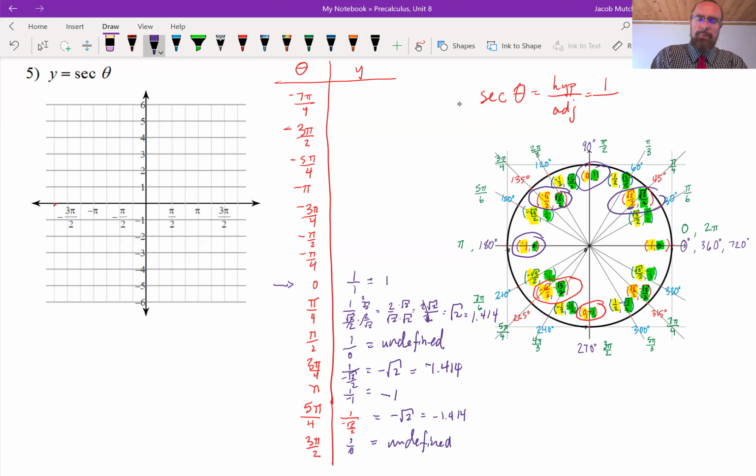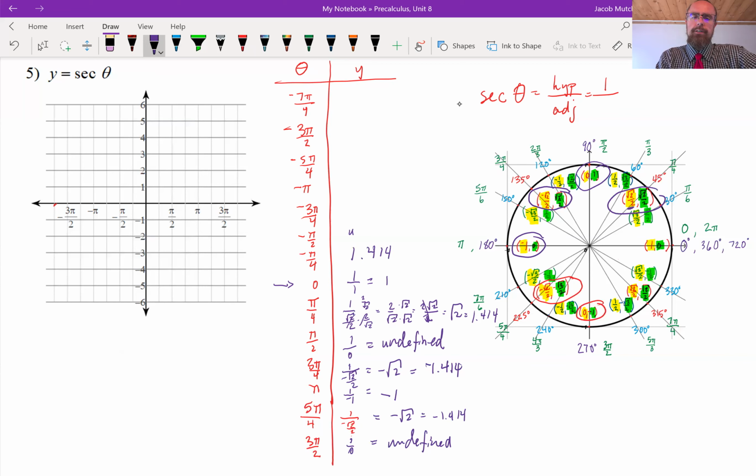So now I see a pattern, and it's really kind of a doubled pattern. It's a lot like sine, where I've got positive values and then the same numbers but negative. So if I track backwards, I'm going to go from pi over 2 undefined, pi over 4, 1.414, negative pi over 4 should be 1.414.